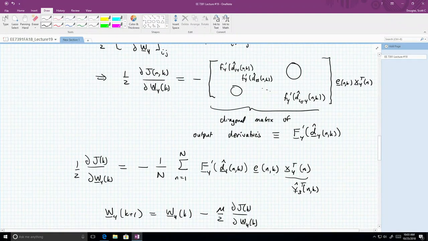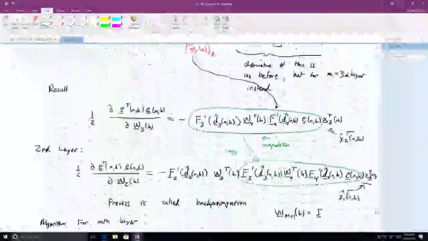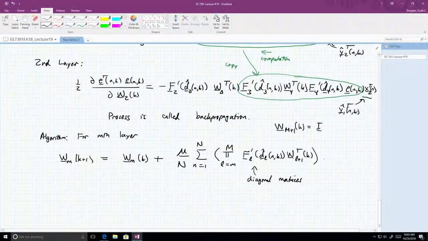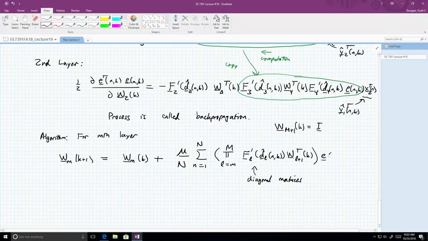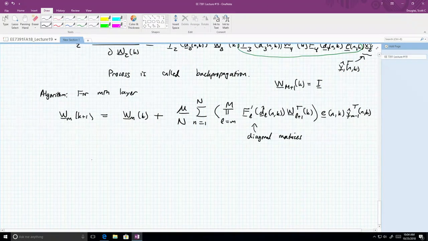But the way to think of it is that I could put a diagonal set of weights, which are just identities, and that would allow this notation to work. And then this is times E n k, and then we have y hat of m minus 1 of n comma k transpose, where Wm plus 1 of k is equal to identity, and the other thing is y of 0 and k is just the input pattern, okay?